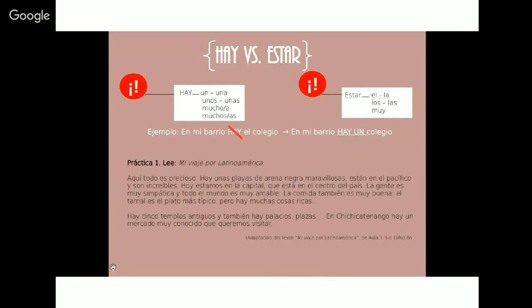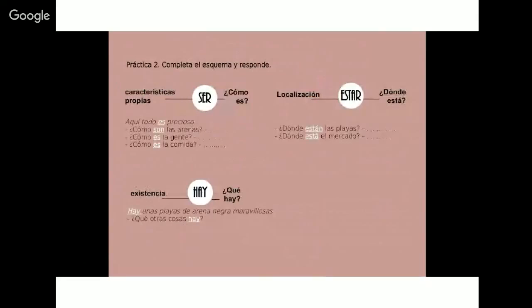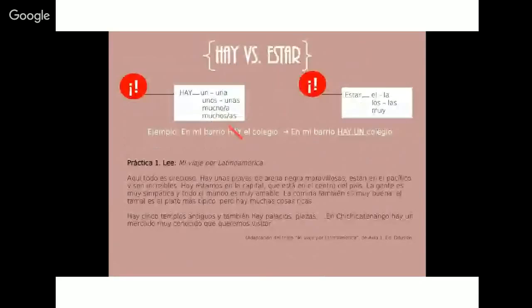Ok, perfecto. Siguiente pregunta. ¿Cómo es la gente? What are the people like? La gente es muy simpática. Muy bien, fantástico. La gente es muy simpática.